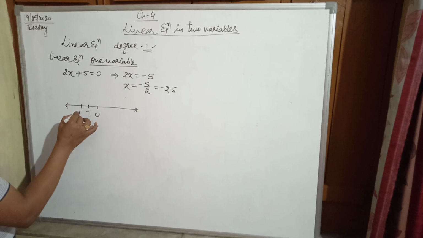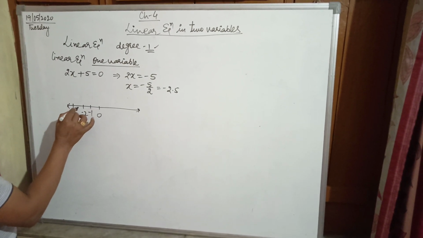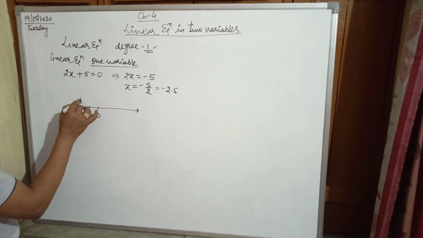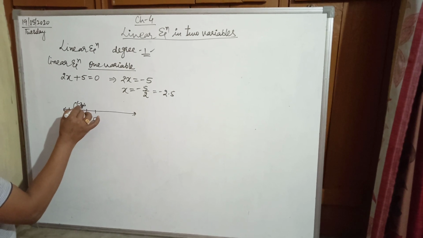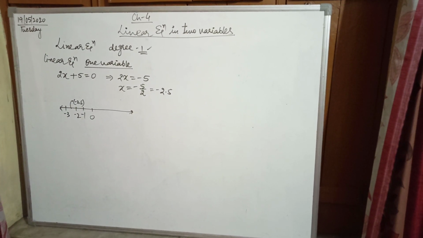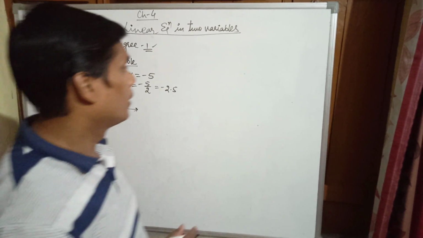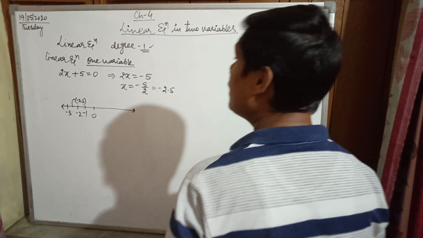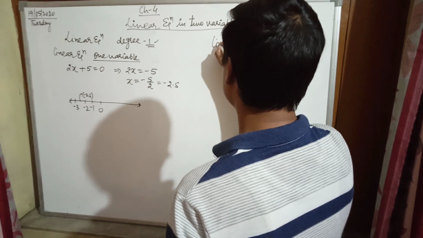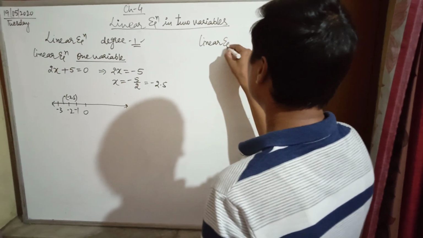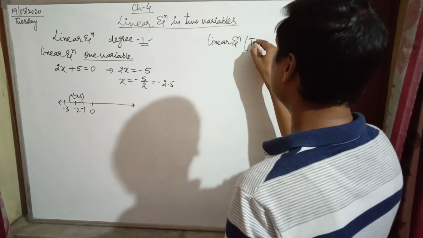This is minus 1, this is minus 2, this is minus 3. It means this point will be minus 2.5 or minus 5 by 2. This is the linear equation with one variable. But in this chapter we will discuss linear equations with two variables.